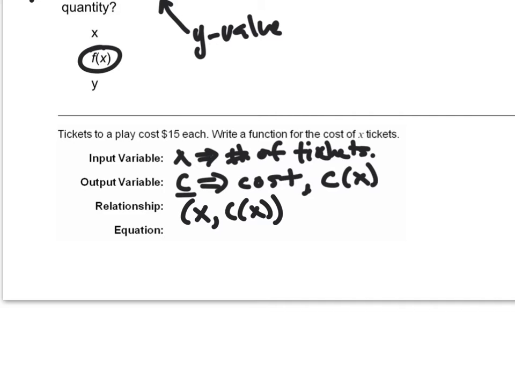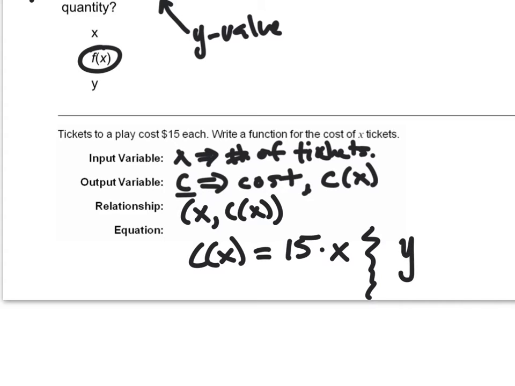Now, the equation I would write is that C of x is equal to $15 times each ticket you sell. You already knew how to do this, most likely. I could write it like this, y equals 15x.